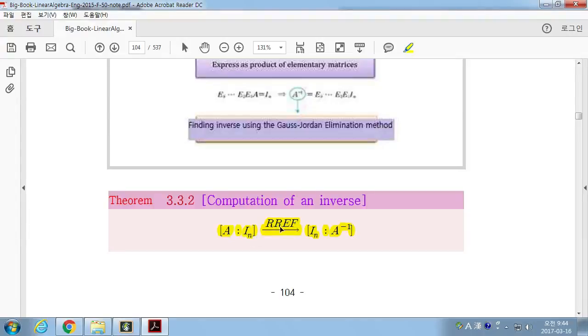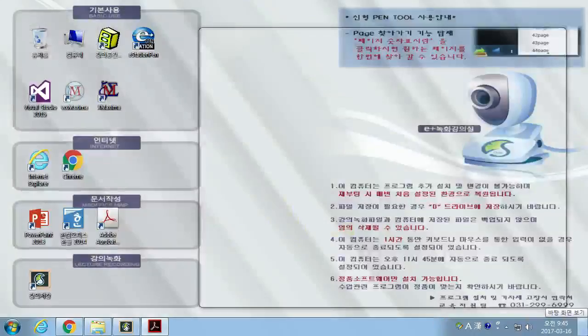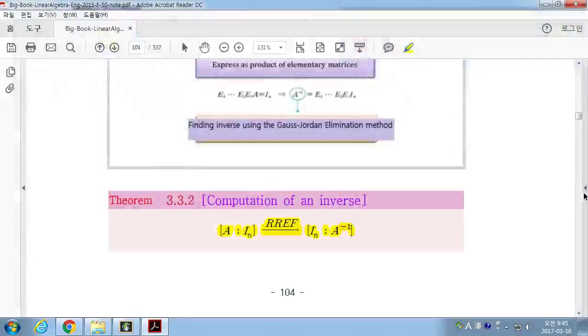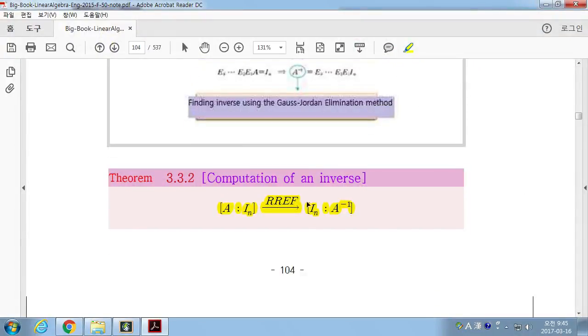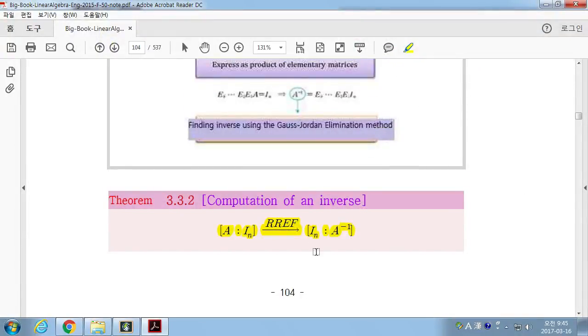Then do the Gauss-Jordan elimination to find the RREF of this. If at the end A is invertible, then you will have the identity matrix. And here, what you did was multiply the elementary matrices, and the product of those elementary matrices is the inverse matrix of A. So this shows this. Understand?